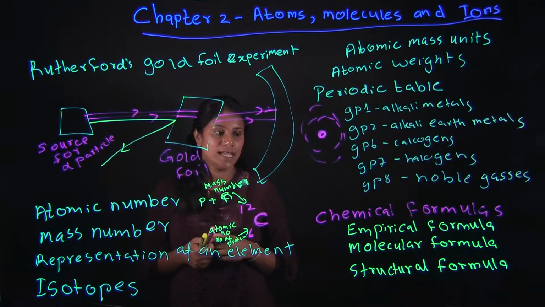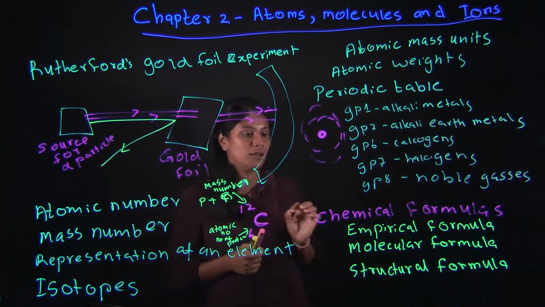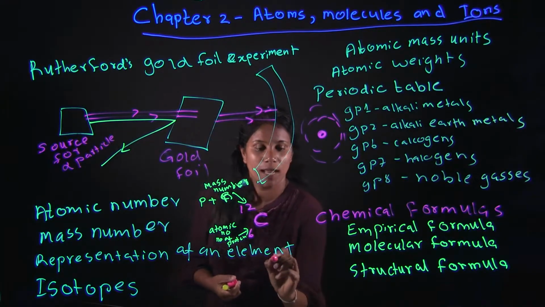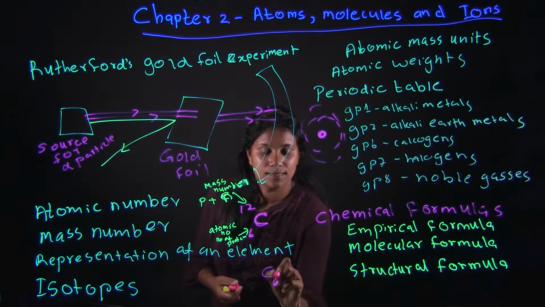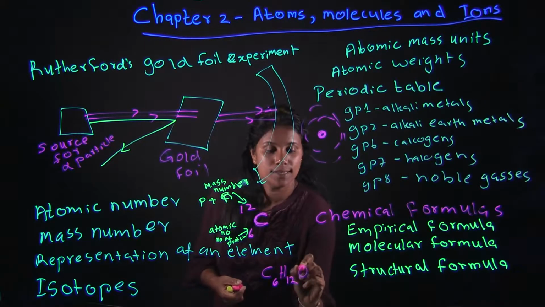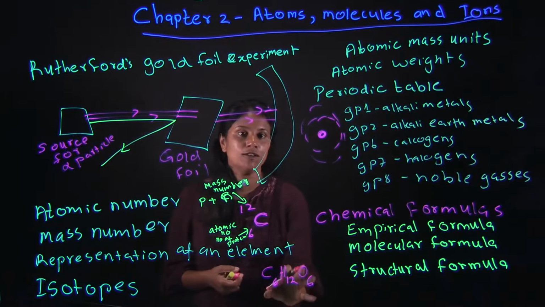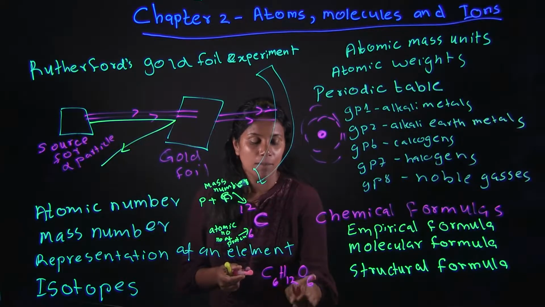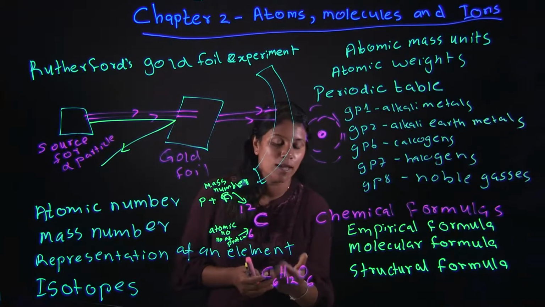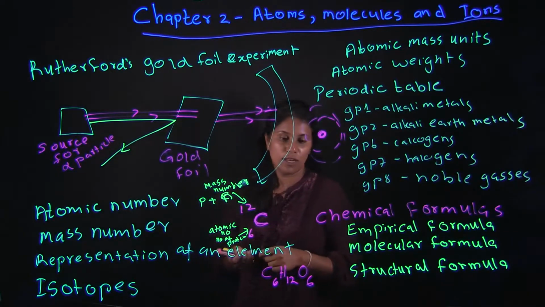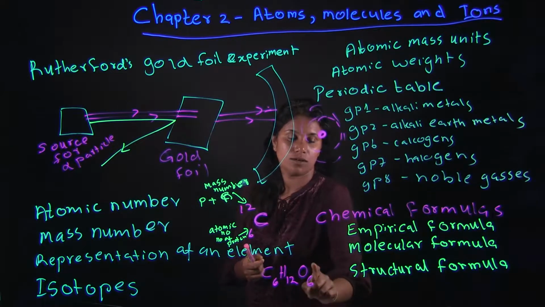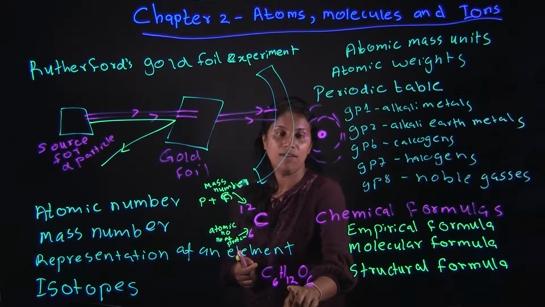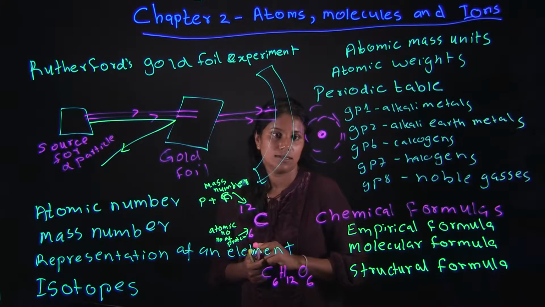So if I take an example for empirical formula and molecular formula, let's take glucose. Glucose molecular formula is C6H12O6. This is the molecular formula, the most commonly used formula. It gives you the types of atoms. So when you look at the formula, you know glucose has carbon, hydrogen, oxygen, and also that you have 6 carbons, 12 hydrogens, 6 oxygens.